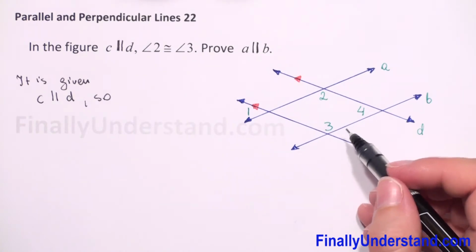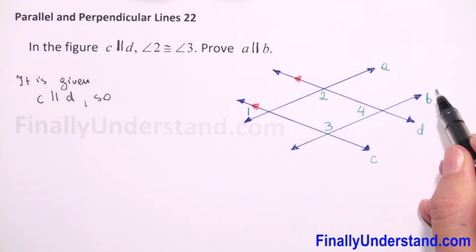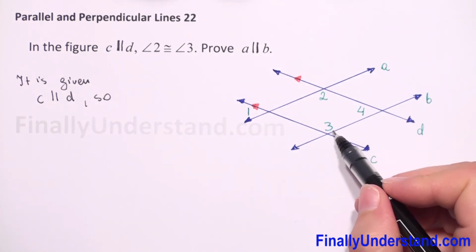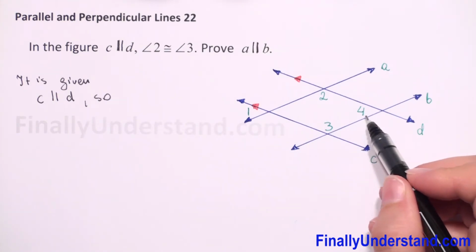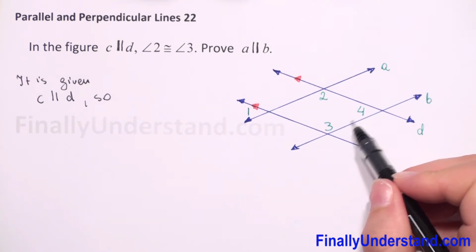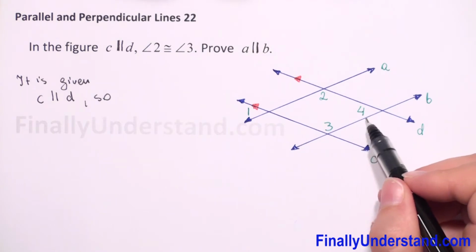So if this is our transversal, it means that the measure of angle 3 and the measure of angle 4 is 180 degrees, because these two angles are consecutive interior angles.